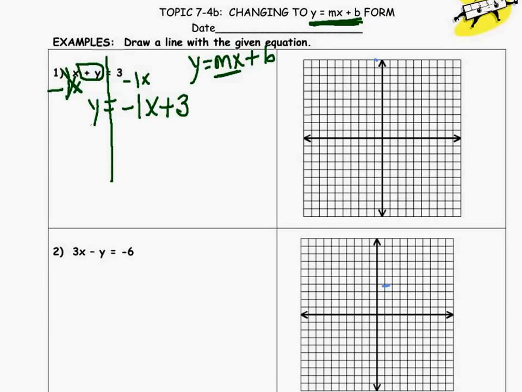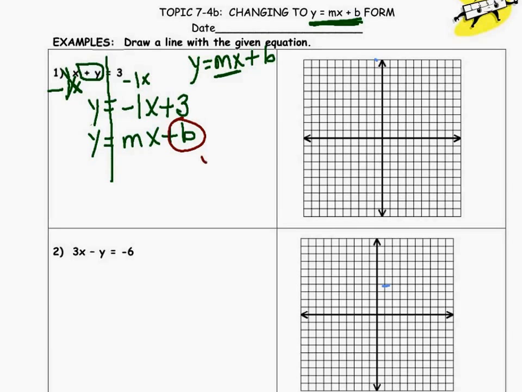Now you'll notice I have my equation in this correct form, and because of that, I know exactly how to graph this equation. I can line some things up and say, okay, I know where I'm supposed to begin. Remember, you begin with your b. That's your starting point.